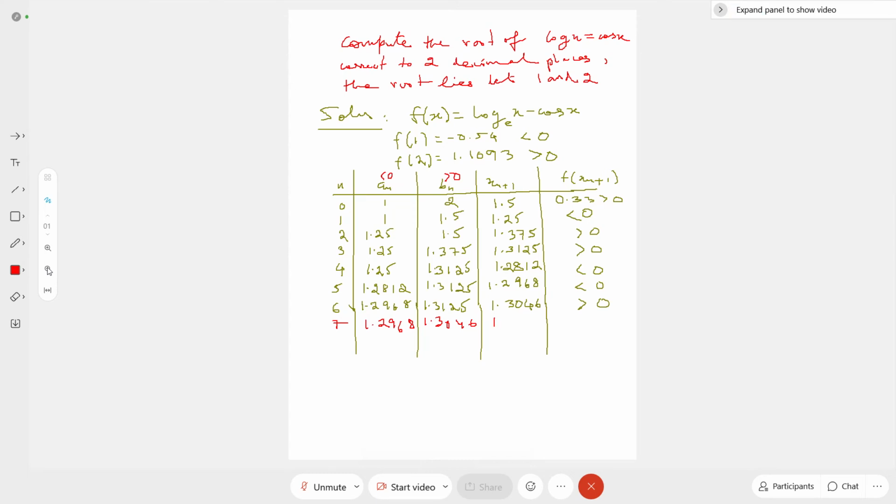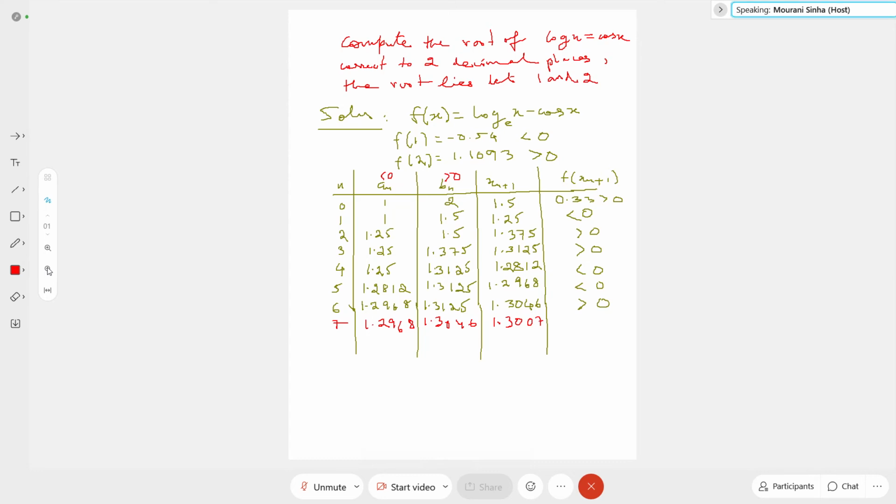Yes, 1.3085. 1.3085. 1.3007 or 3085? 1.3007. So Azizur, just check your calculations. Srijita also says 1.3. So I think it is 1.3007. Okay, something wrong he did.